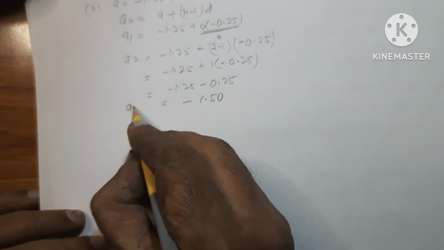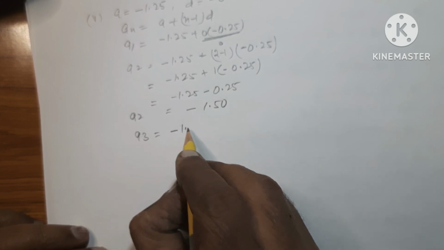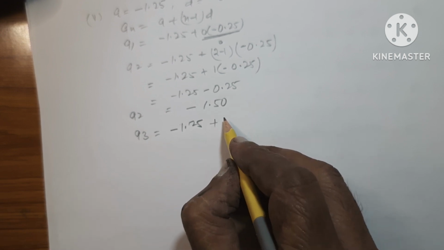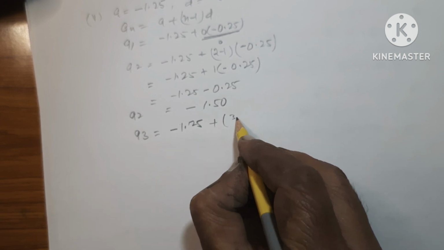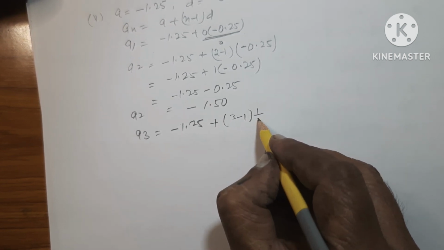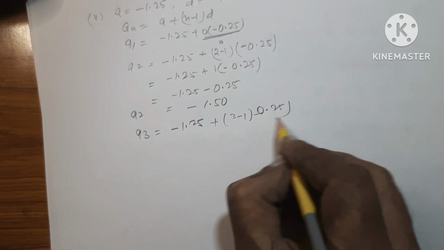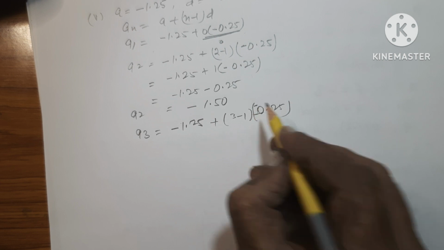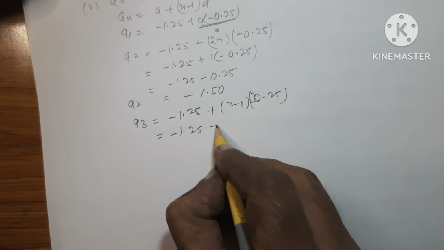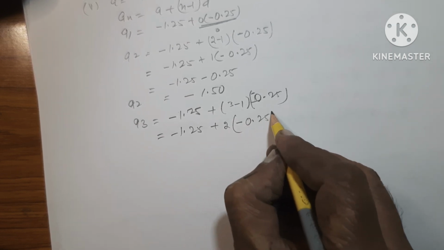This is a2. a3 is minus 1.25 plus 3 minus 1 into minus 0.25, so this is minus 1.25 plus 2 into minus 0.25.